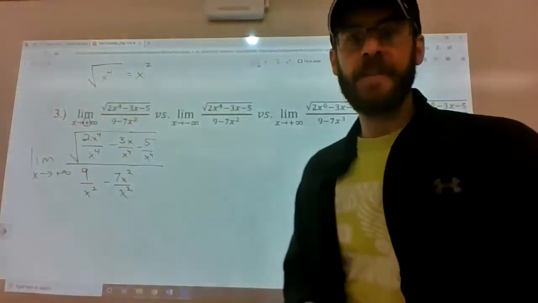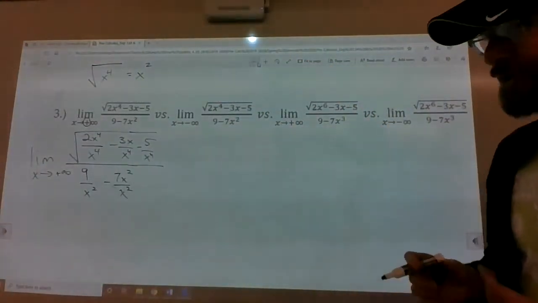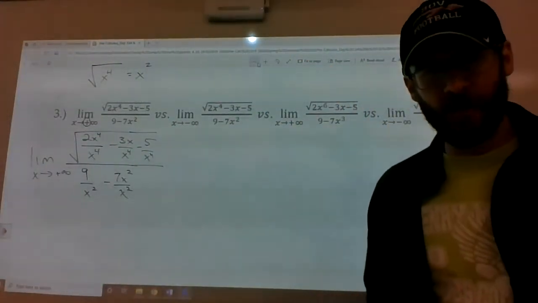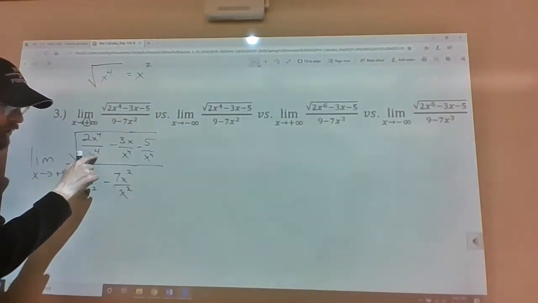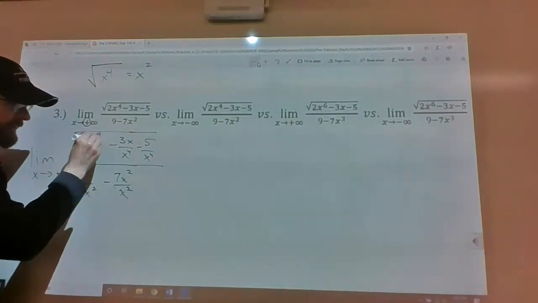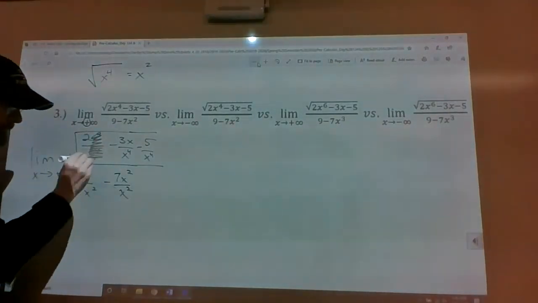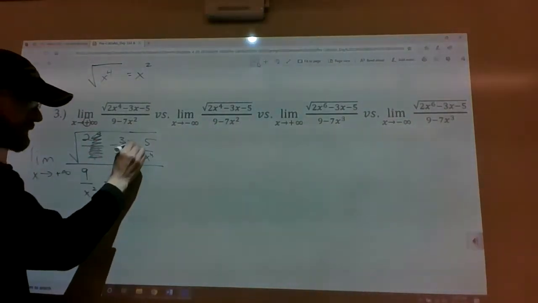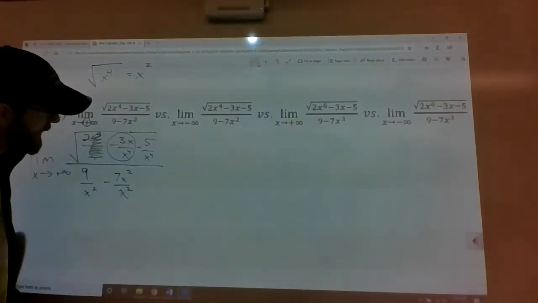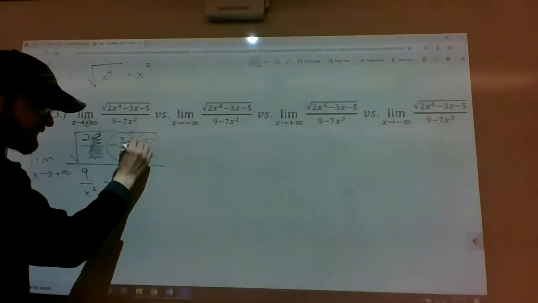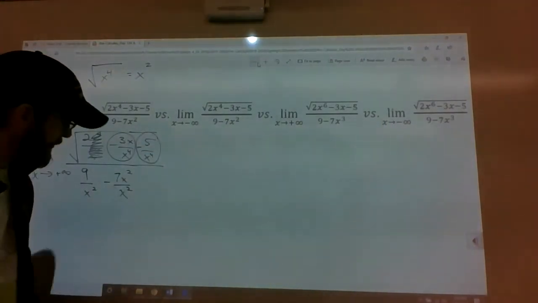Okay. And at this point, I think you guys can kind of look ahead at what's going on here, right? These two are going to cancel out, x to the 4 over x to the 4. This is ultimately going to have an x cubed on the bottom when we simplify it. And this is also going to zero out as well.